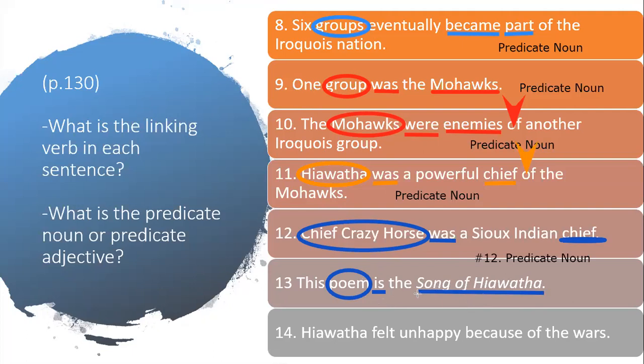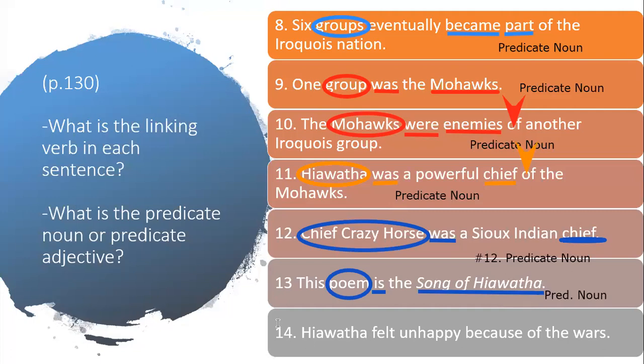If you noticed that Song of Hiawatha is a bit slanted, a bit tilted, that's because it's the name of the poem. So this is renaming the poem, and when a word in the predicate renames the subject, we call it a predicate noun.